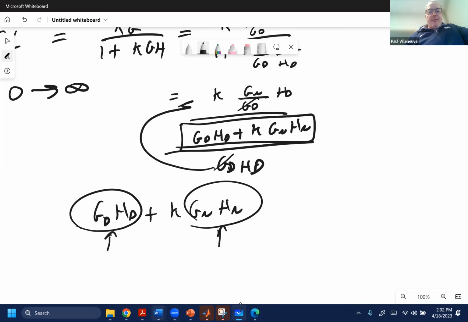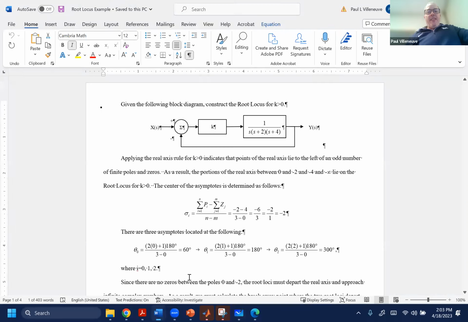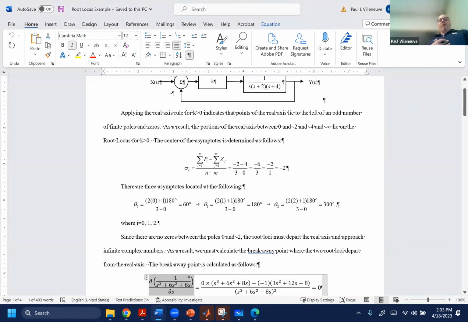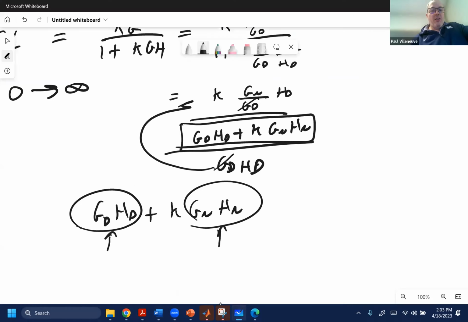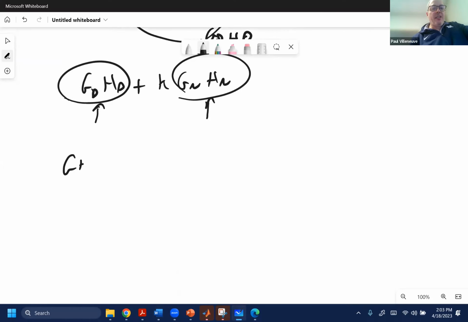The next thing is, I want to solve the root locus for this problem. The very first thing I do is write what G times H is.